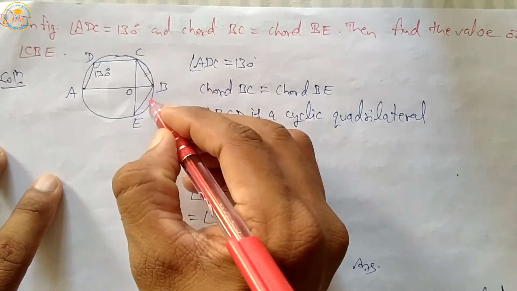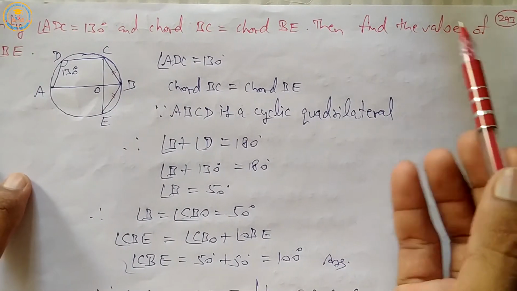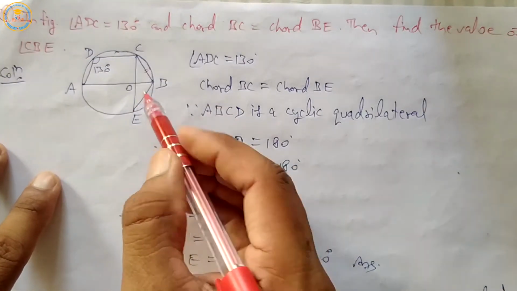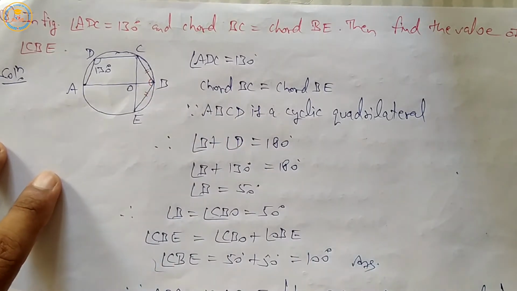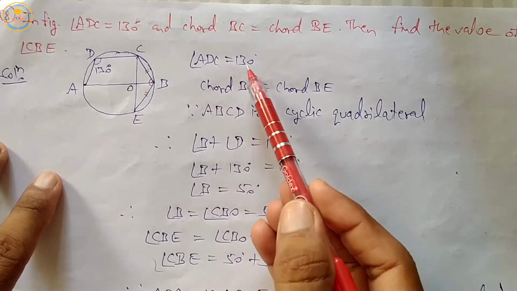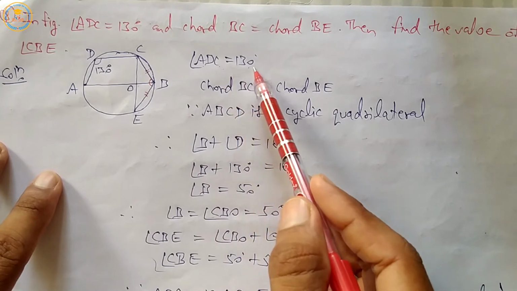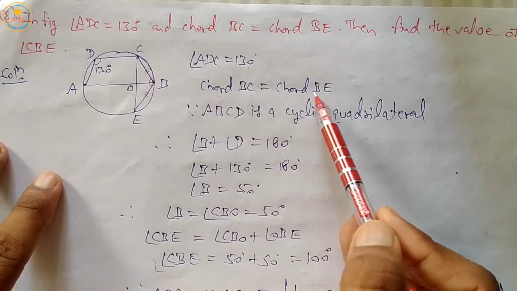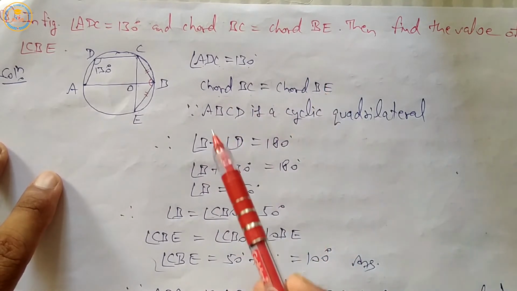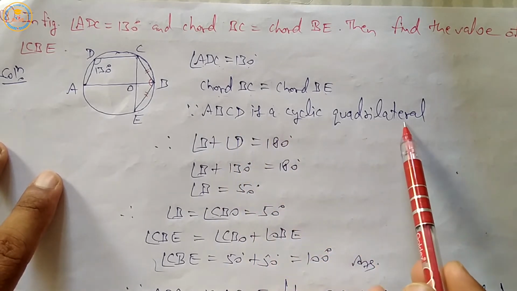Now find the value of CBE, that is, calculate this angle. According to the question, angle ADC equals 130 degrees and chord BC equals chord BE. Then we know that ABCD is a cyclic quadrilateral.